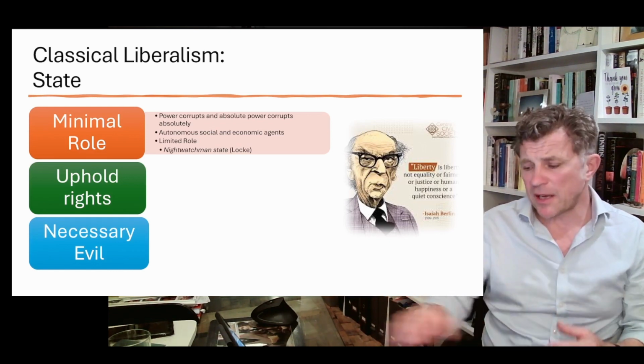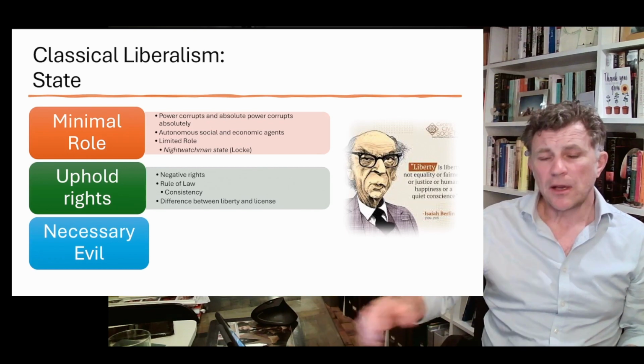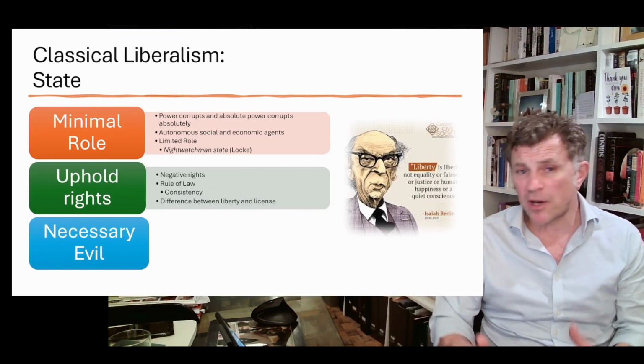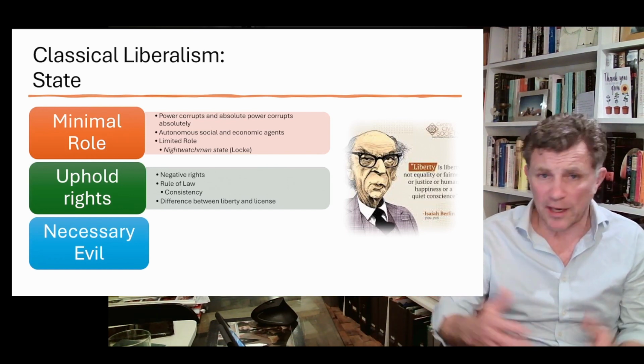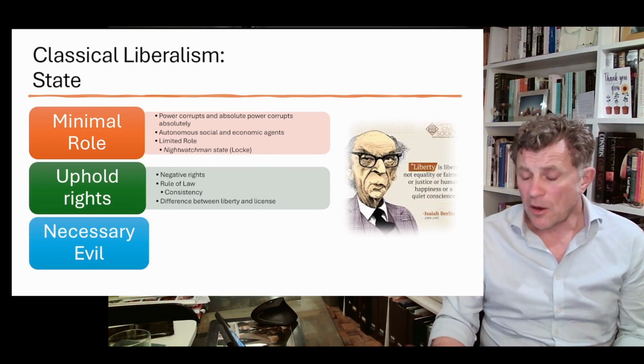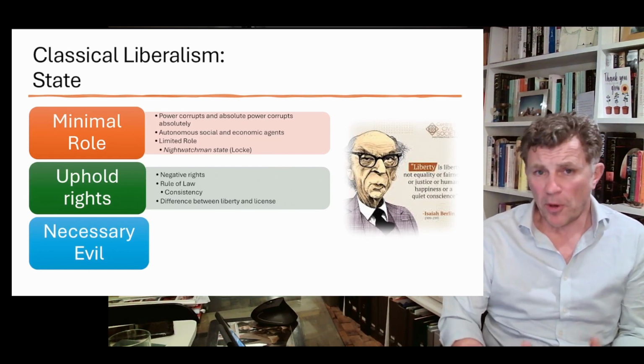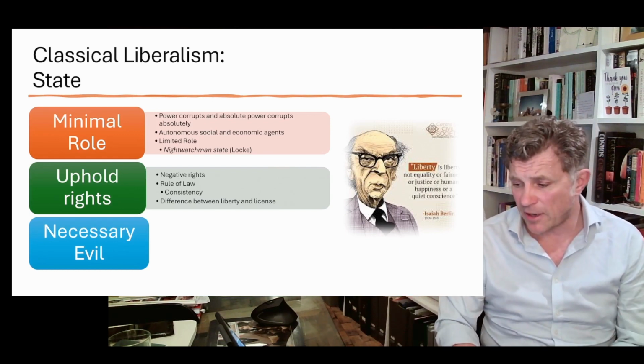So the job of the state then is to uphold rights. We are talking here exclusively about negative rights. We're talking about the rule of law, the idea that everybody is bound by this same contract, and the state's job is to uphold rights consistently across the entire model.